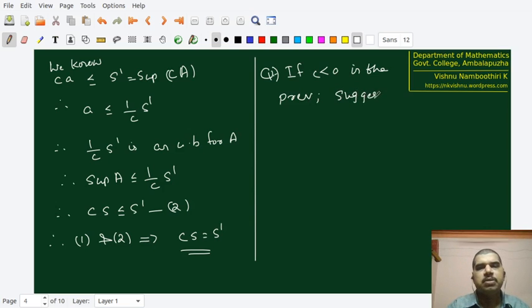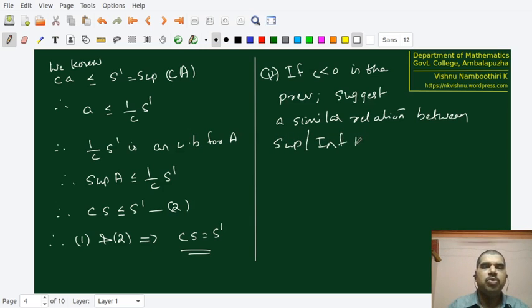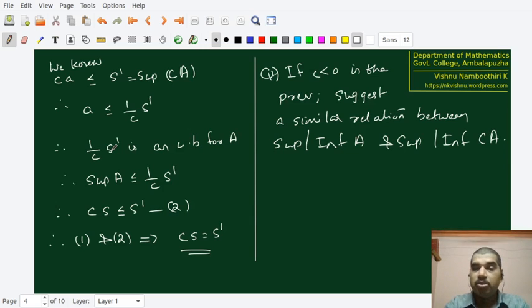If C is less than 0 in the previous question, suggest a similar relation between supremum or infimum of A and supremum or infimum of CA.